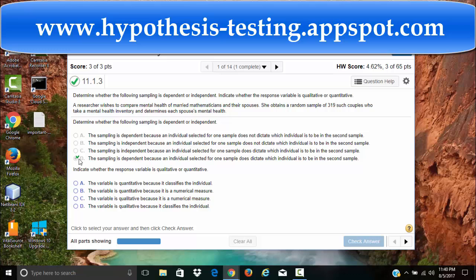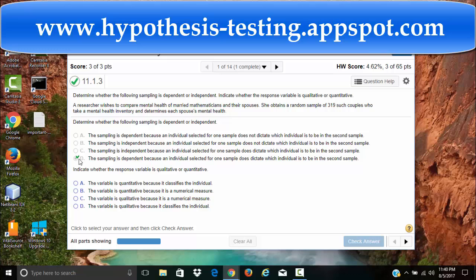In this case, we don't know everything specified in the mental health inventory. But we do know that from the options that are given to us, it talks about classifying the individual, and then it talks about numerical measure. So when we take a mental health inventory, it kind of classifies the individual. It's a lot of factors that you take in an inventory.